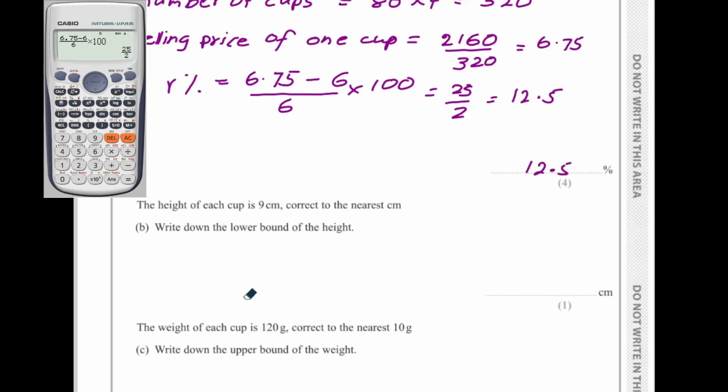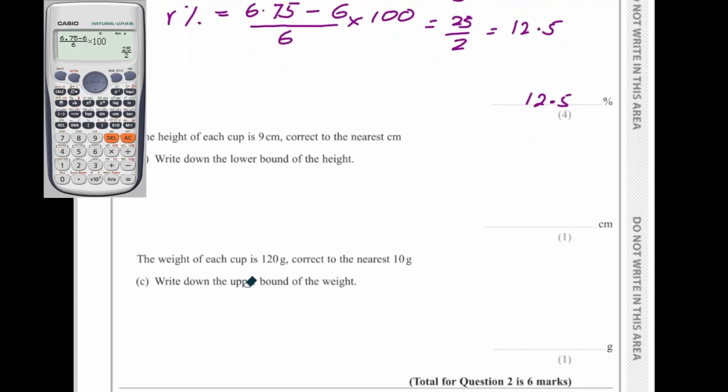The other question, part B: the height of each cup is 9 centimeters, correct to the nearest centimeter. Write down the lower bound of the height. How do you get the lower bound of the height? To get the lower bound of the height, you have to underline the accuracy of the measurement. In this case, 9 centimeters, correct to the nearest centimeter. So we have to pick nearest centimeter, which is nearest 1 centimeter.